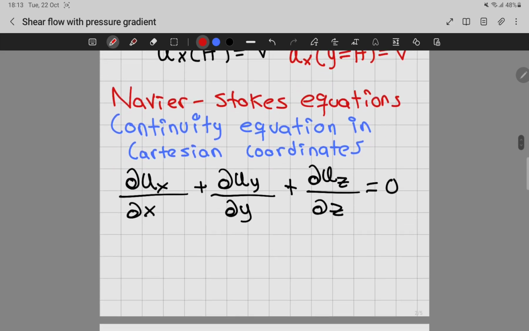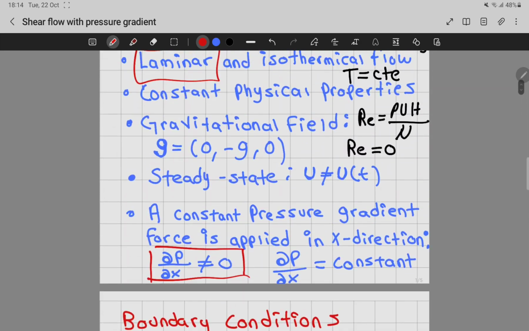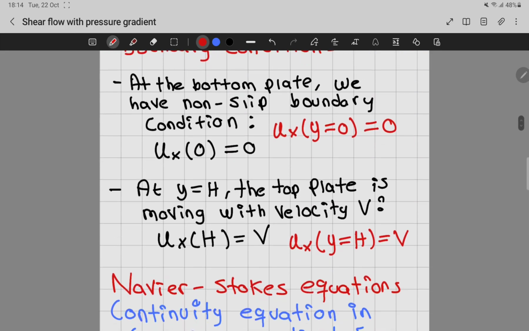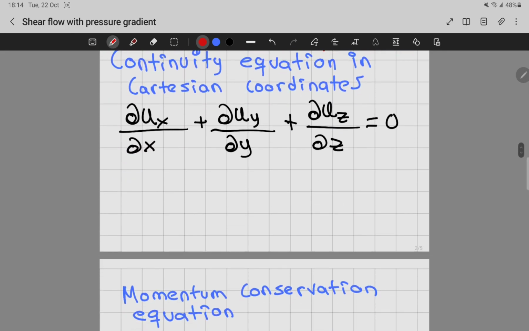And now let's solve the Navier-Stokes equation. First we have the continuity equation in Cartesian coordinates, the simplified form of the Navier-Stokes equation. If you remember, we specified that we will only have a non-zero component of the velocity field in x direction. So ux is not going to be 0, but on the other hand, uy and uz are going to be 0.